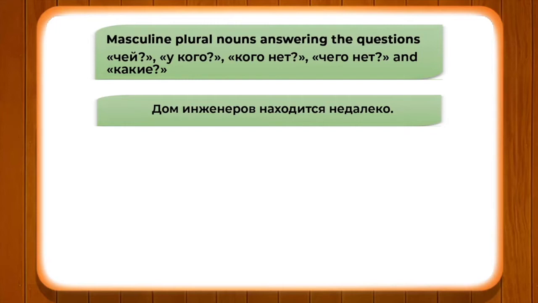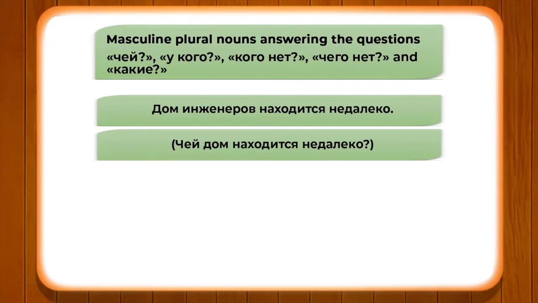So, дом инженеров, дом кого, инженер changes into инженеры and дом чей, дом инженеров. Чей дом находится недалеко? Дом инженеров находится недалеко. It clearly indicates the possession or belonging. When we put нет, it indicates negation. I hope all of you will pay attention to this aspect clearly while using the Russian grammar rules.